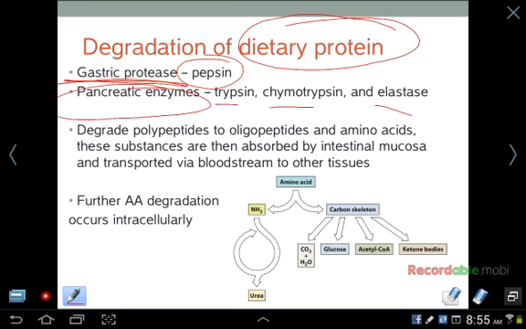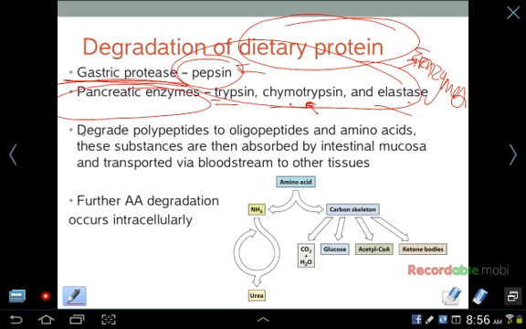So these were discussed back in the chapter when we were talking about enzymes. So it may be worth going back and looking at those again. All right, where pepsin is sort of substrate unspecific, trypsin, chymotrypsin, and elastase are sort of more substrate specific. Okay, if you remember, chymotrypsin is going to cleave around aromatic residues.